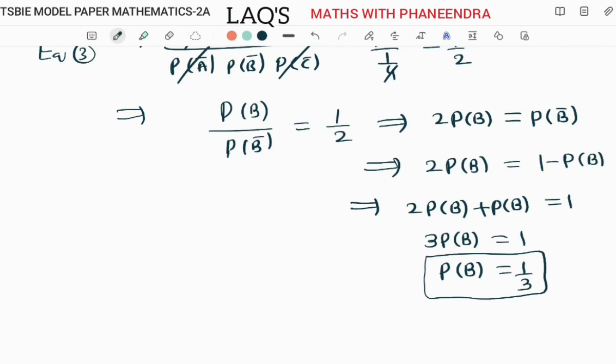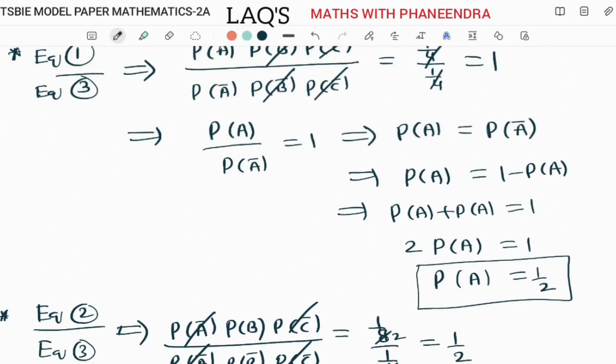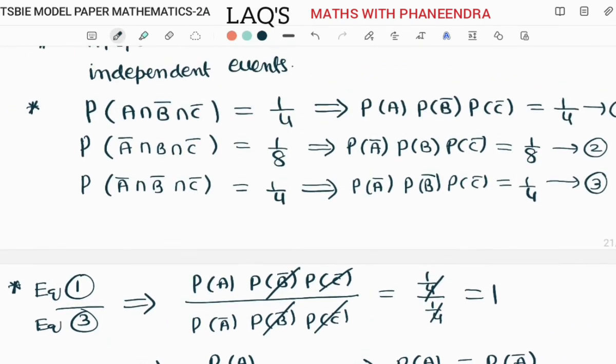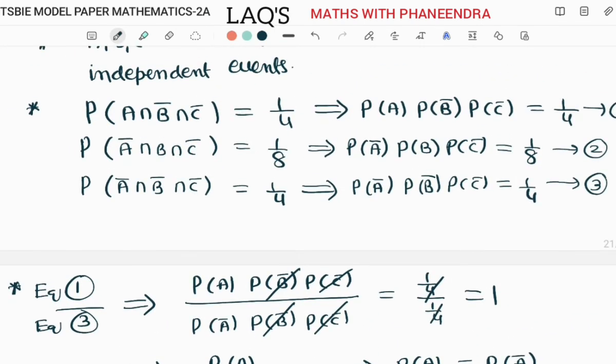So P of A value we got it. P of B also we got it. Next, these values, P of A, P of B, substitute in either 1 or 2 or 3, any one of them we can take.